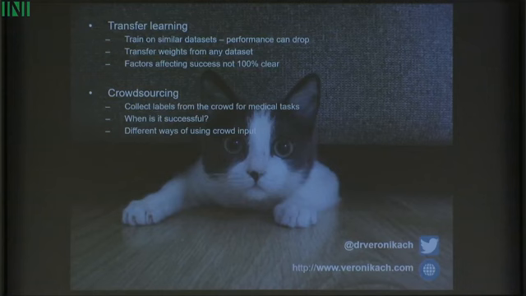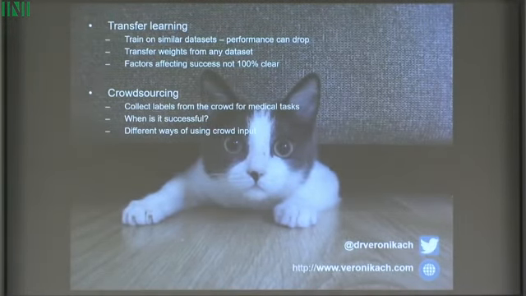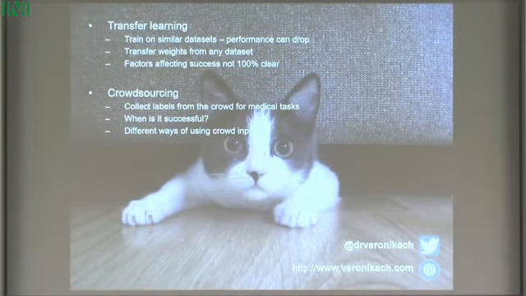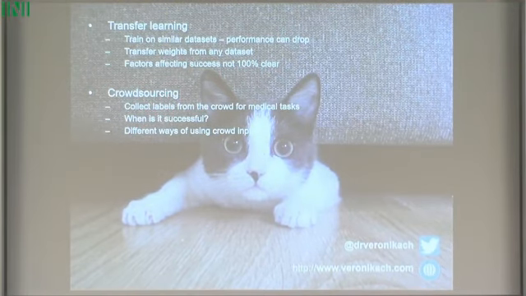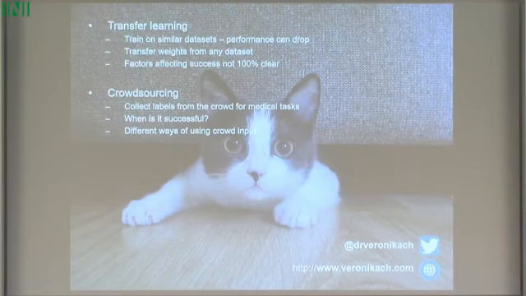I think that's all I wanted to say. So I talked about two approaches to increase the amount of labeled data. One via transfer learning, where you could train your models on very different data sets than the data set you're interested in. There are many successes, but it's not so clear yet what the factors are affecting that success.